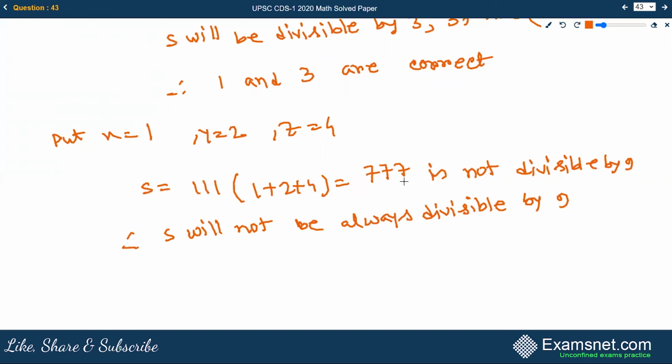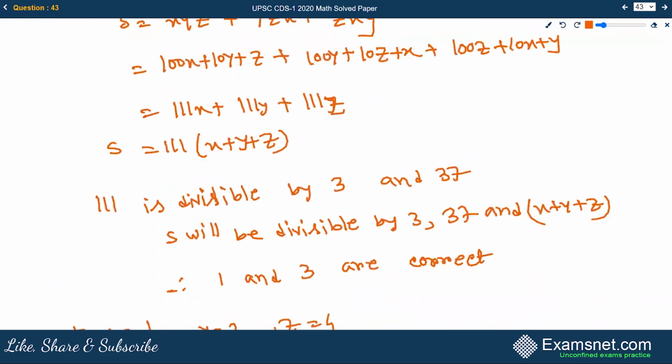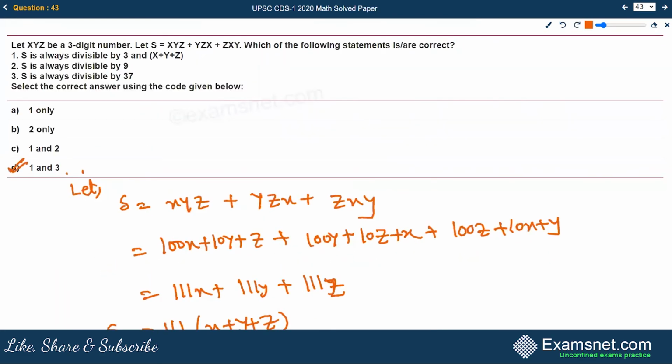Since we are given the word always, we can say this statement is not correct. So 2 is not the correct statement. Here option D is the correct option, that is 1 and 3. Statements 1 and 3 are correct, 2 is not correct. Okay, option D is the correct option.